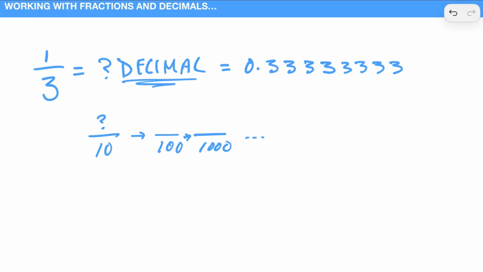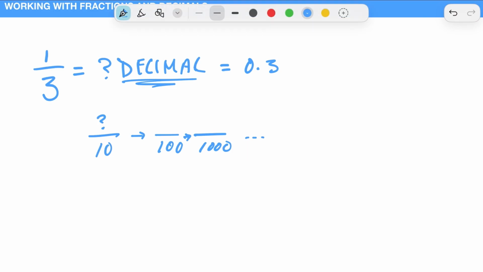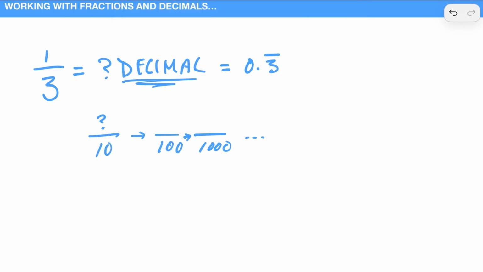What they do, as shorthand, is put a little top hat over the number or the sequence of numbers that repeats. So this right here, 0.3 with a little line over top, is the same thing as expressing 0.3333 forever.